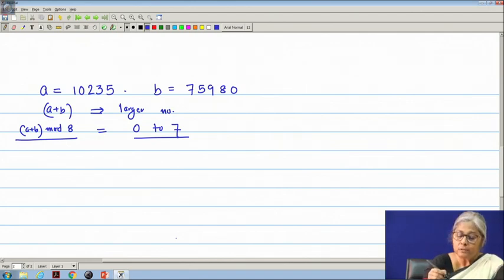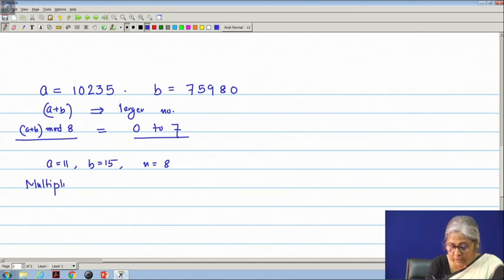Now, with the same example, that a is 11, b is 15 and n is 8, we can see the multiplication, because as we all know the product will be even larger than the addition.